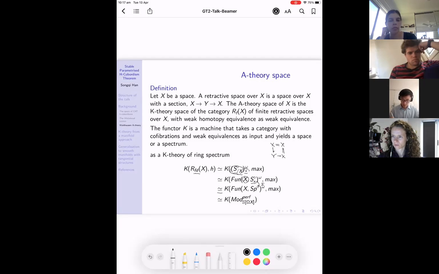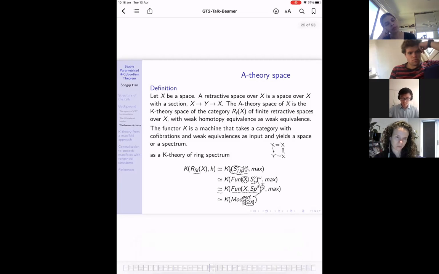On the other hand, we can identify the category of diagrams on X with values in spectra as local systems on X with spectrum values. This is equivalent to giving a spectrum with a ΩX action, which is equivalent to an S[ΩX]-module, and this is equivalent to the compact definition. Then you are free to use your favorite model for the K-theory of a ring, which can be generalized to the K-theory of a ring spectrum, to define the A-theory space.